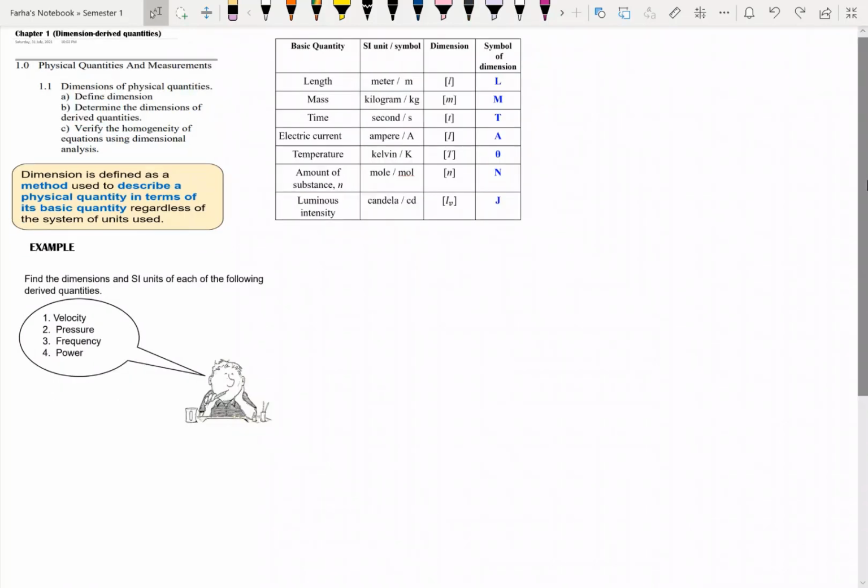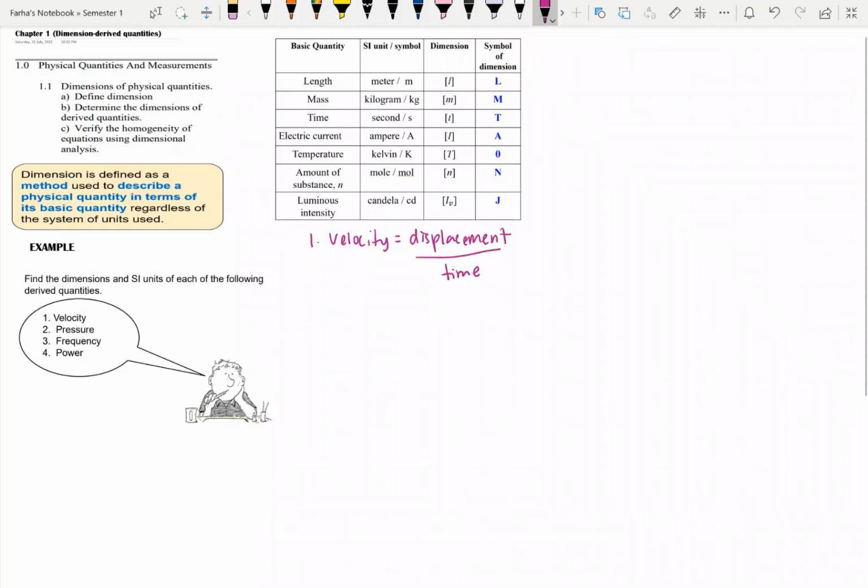Now let's look at the example. Find the dimension and SI unit of each of the following derived quantities. So the first one is velocity. Velocity equals displacement over time. Okay, we need to square bracket all the quantities. V is velocity, displacement S, and time.